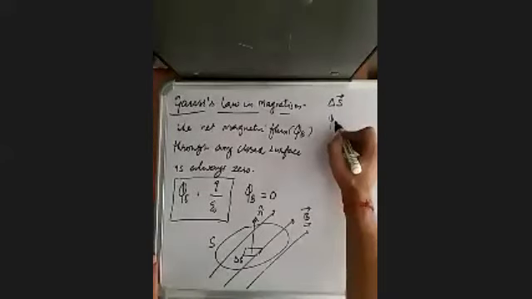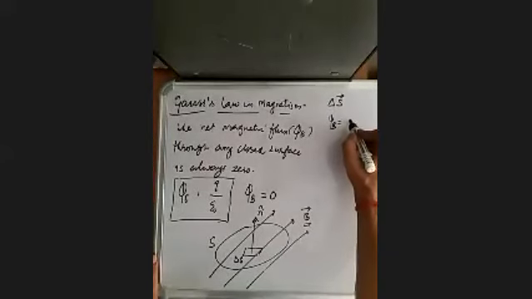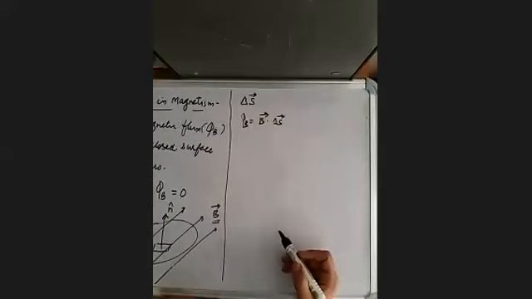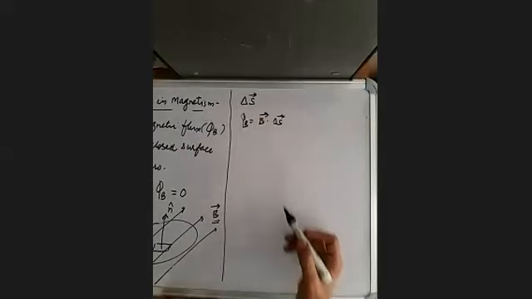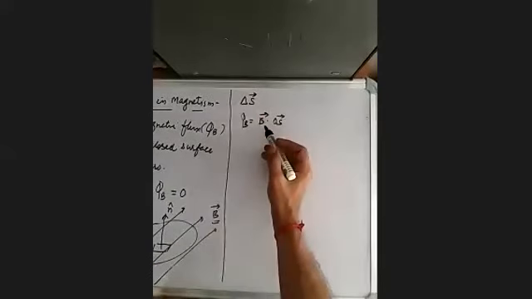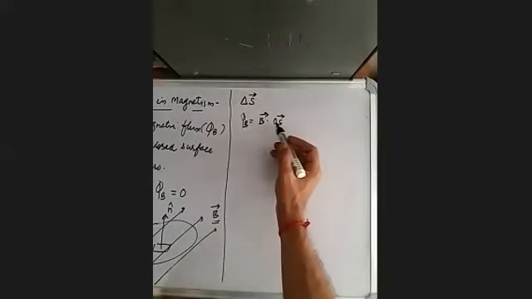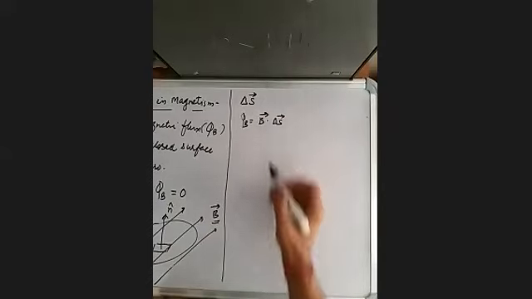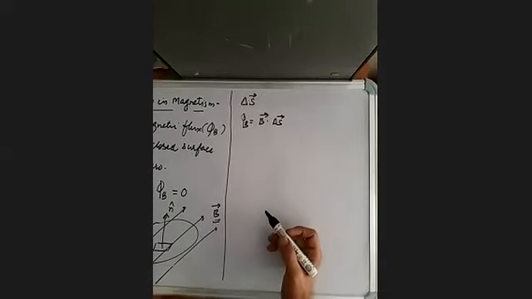It is given by phi B is equal to B vector dot delta S vector, because we already know that flux is the dot product of the area vector and the magnetic field vector.